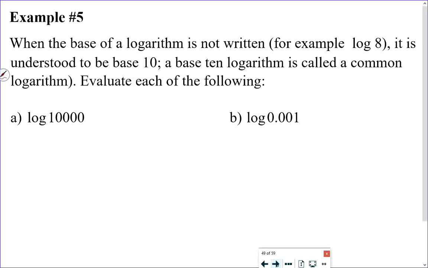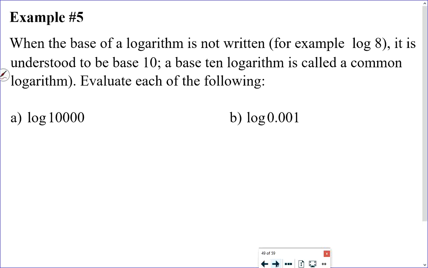When the base of a logarithm is not written, for example, log 8, it is understood to be base 10. It's called the common logarithm. We work in a digital mathematical system. The word digit comes from the digits on your hands, and that's how we invented the number system. We have 10 digits, so we use base 10.